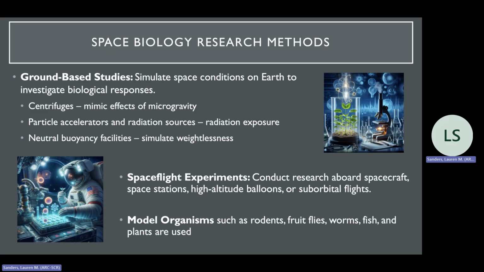We call these ground-based studies, where we simulate space conditions on Earth in order to investigate biological responses to individual or combined hazards. So, for example, we can use centrifuges to mimic the effects of altered gravity. We can use particle accelerators or other radiation sources to mimic radiation exposure. And sometimes these can be combined. So you can have a radiation source and a centrifuge kind of in the same experiment.